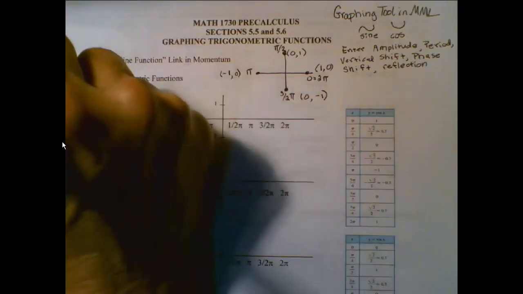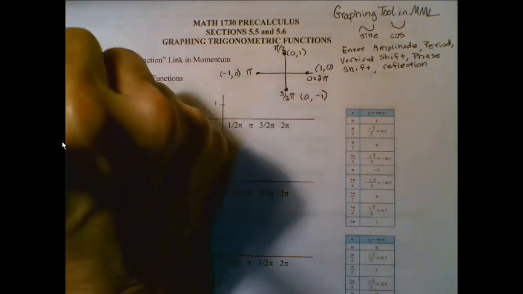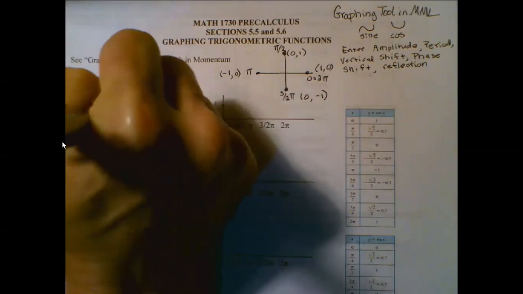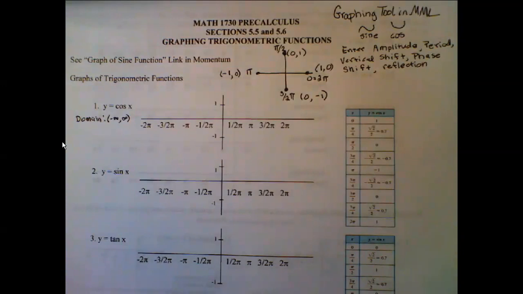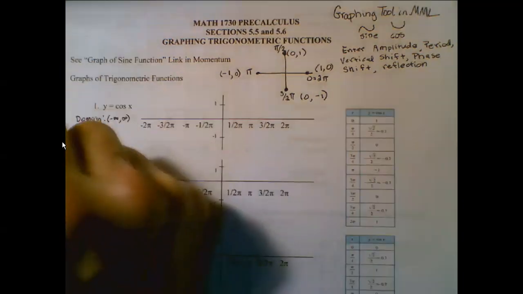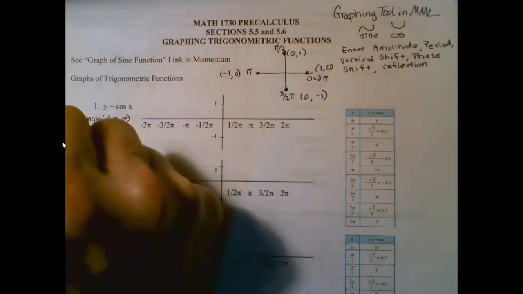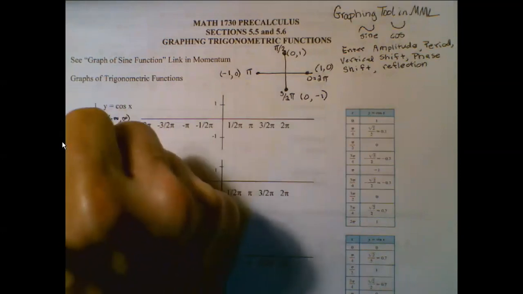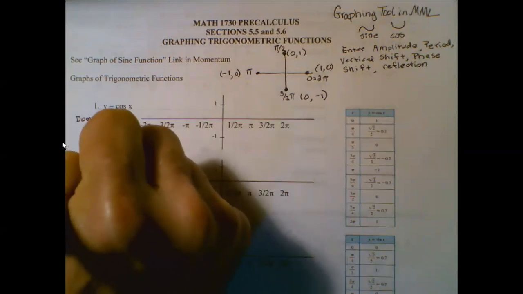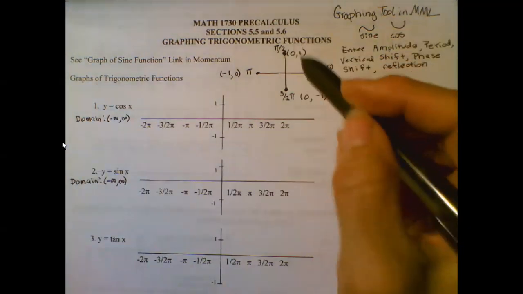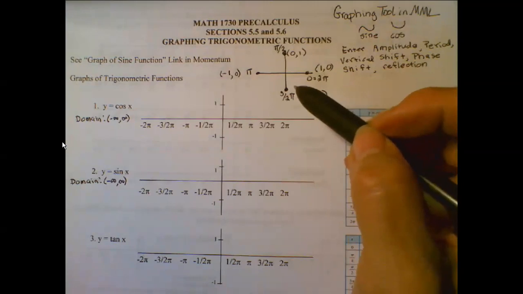You can take the cosine of anything from negative infinity to infinity. There is nothing that you can have on your calculator and hit your cosine button that you get an error. So the domain of both cosine and sine is negative infinity to infinity, because we can go around the circle infinitely many times in degrees or in radians.